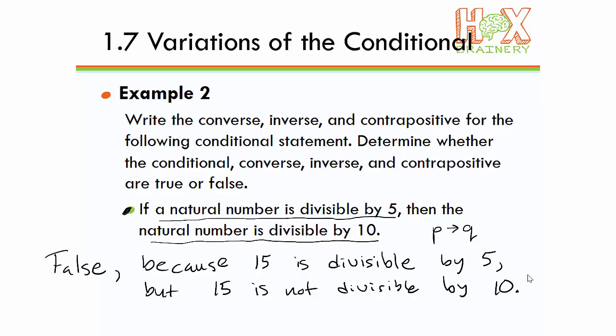So that conditional statement is false because what we're showing in this counterexample is that the hypothesis is true, 15 is divisible by 5, but the conclusion is false, 15 is not divisible by 10. And we know from our truth tables of the conditional statements before that if you have a true hypothesis and a false conclusion, then the overall conditional statement is false. So later on, this is what we'll refer to as a counterexample. We're disproving something.